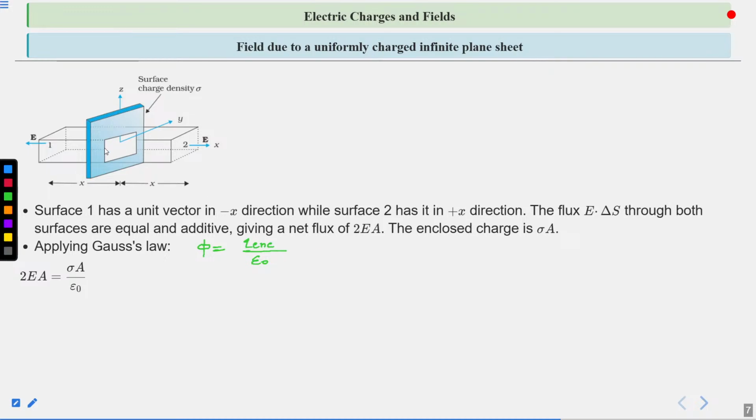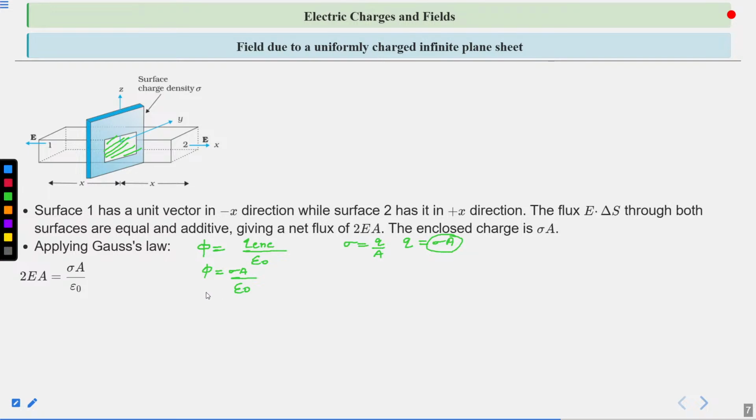Here we talk about the surface charge density. So using the concept of surface charge density, we will calculate the total charge. Surface charge density sigma is equal to charge upon area. So charge is equal to sigma into A. Substituting, you will get phi equal to sigma into A divided by epsilon naught.